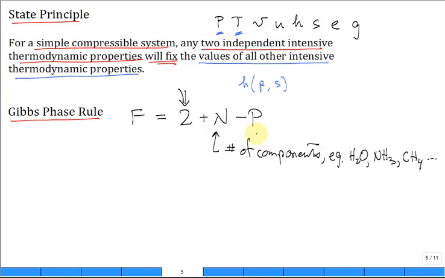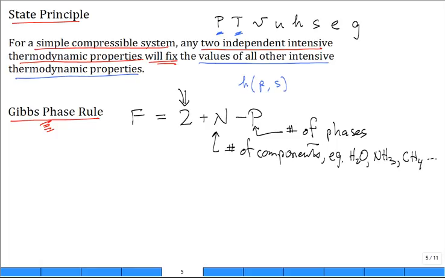And then P. Guess what P stands for? The number of phases. So can P be 0? No. Could it be 1 if it's pure liquid, pure vapor, pure solid? Sure. Could it be 2? Oh, a liquid-vapor combination, a solid-vapor combination. You know what I mean? Could it be 3?